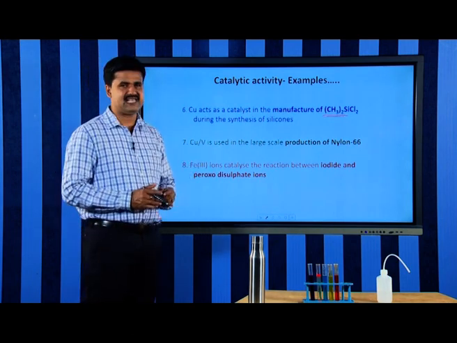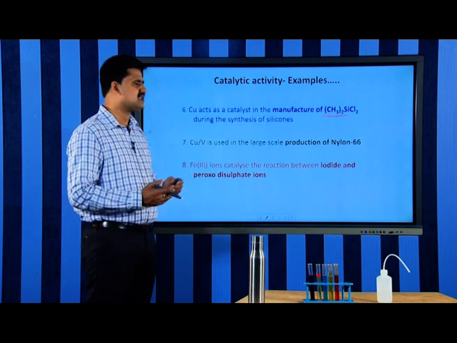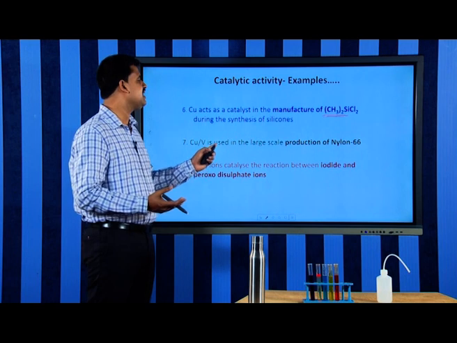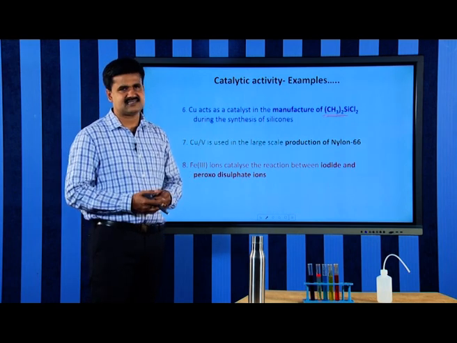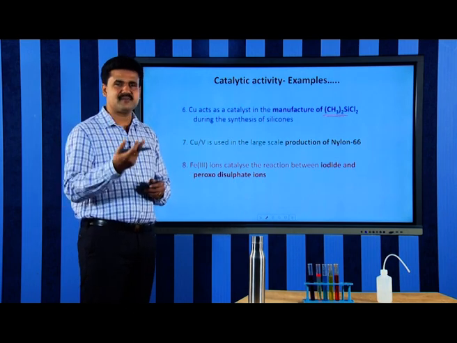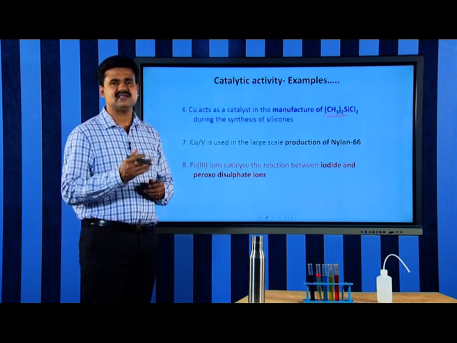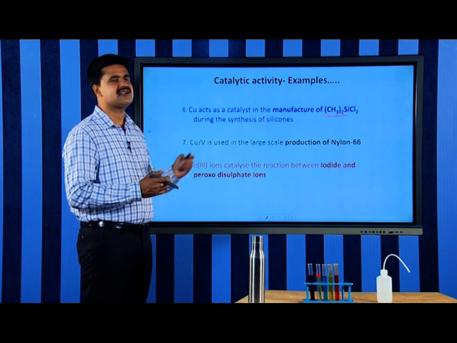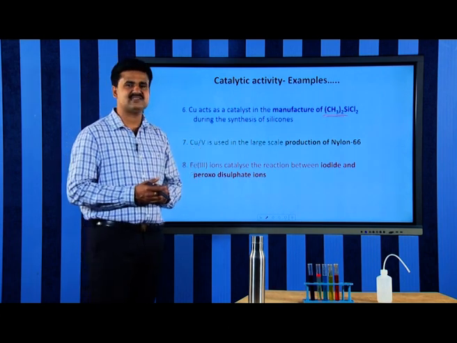A mixture of copper and vanadium can be used as catalyst for the large scale production of the polymer nylon 6,6. Nylon 6,6 is a polymer obtained by the polymerization of hexamethylene diamine and adipic acid. Both contain 6 carbon atoms each and hence the name nylon 6,6.